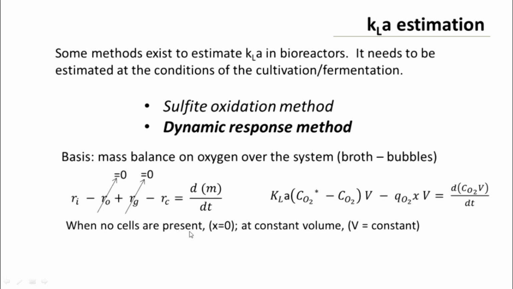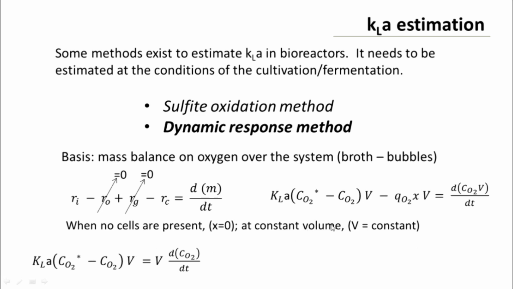When no cells are present, X, the cell concentration, is 0, and at constant volume, V is a constant. So the consumption term completely goes away, and you can take V out of the derivative: V dC_O2/dt on one side, and KLa (C_O2 star minus C_O2) times V on the other.